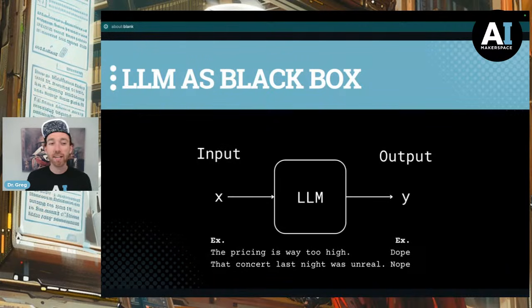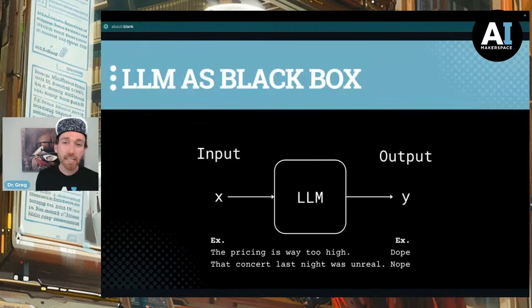X goes in, Y comes out of our large language model. The pricing is way too high. Ooh, that's actually not that dope. So this is a terrible model. The concert last night was unreal. That sounds pretty dope. This is a pretty terrible model.